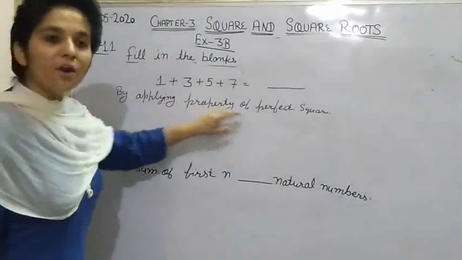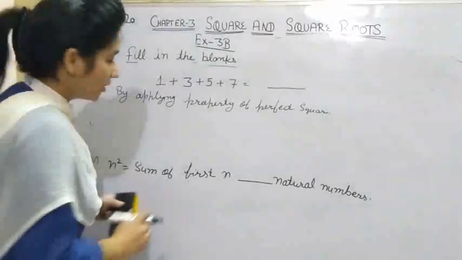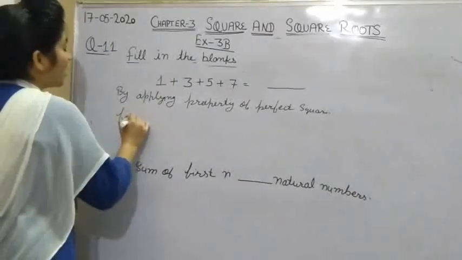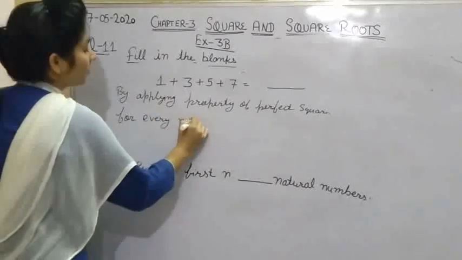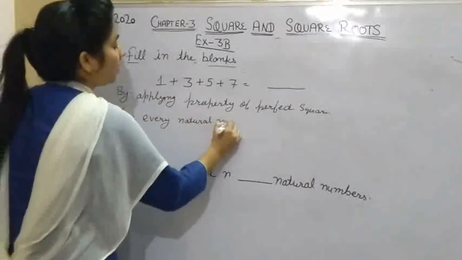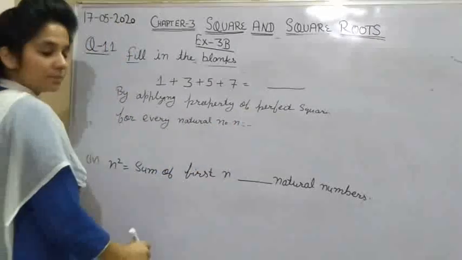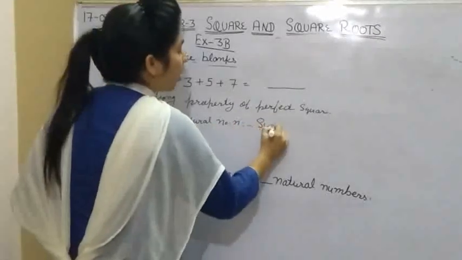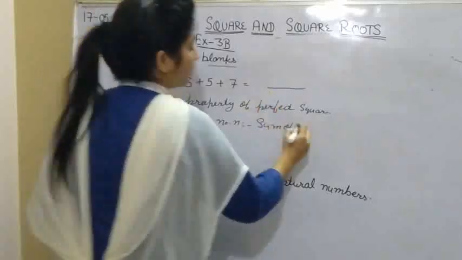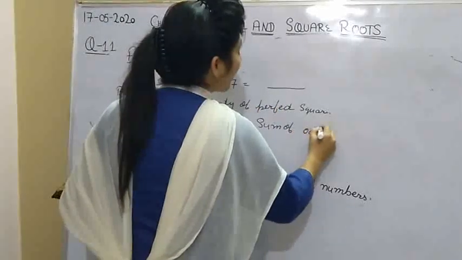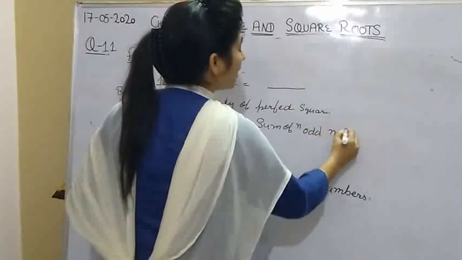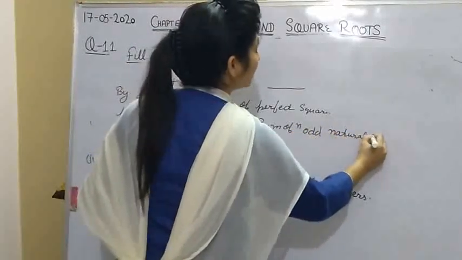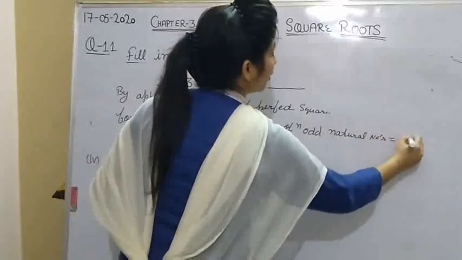According to the property of the perfect square, for every natural number n, the sum of odd natural numbers is equal to n square.